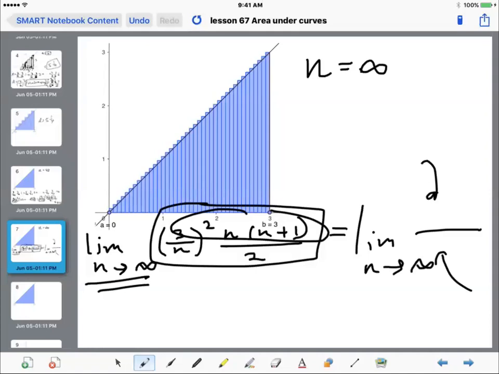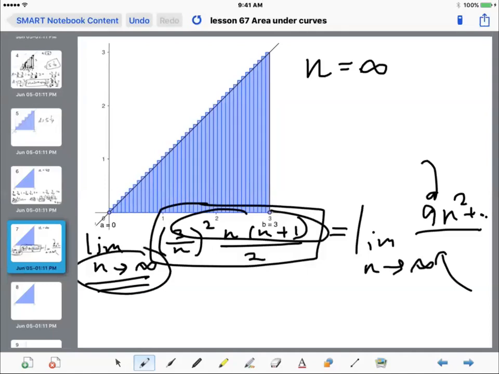Well, the coefficient would be 9. But the actual full term would have some n's in it. Yes, it would be 9n squared. And yes, there would be other stuff, but that other stuff is never important when you're doing a limit to infinity. You might remember from 3 classes ago.